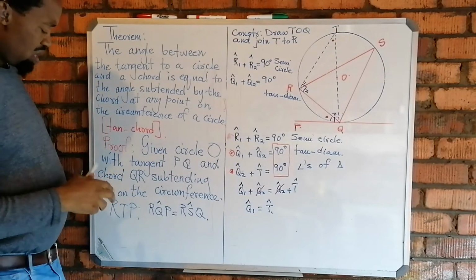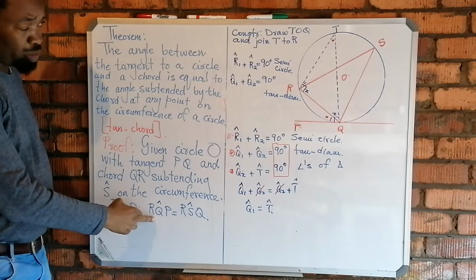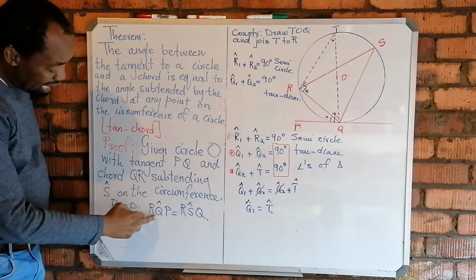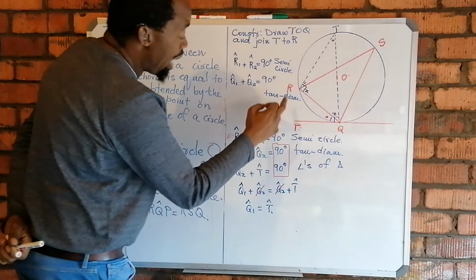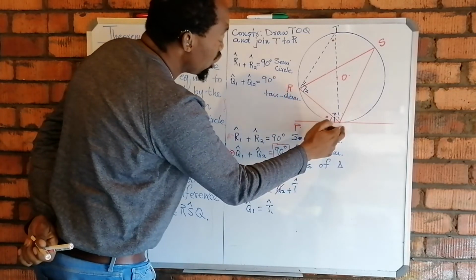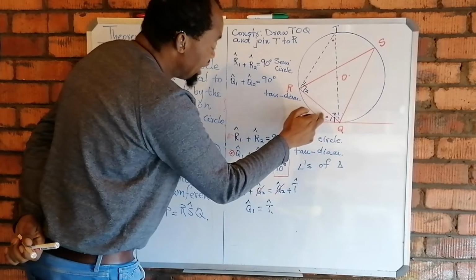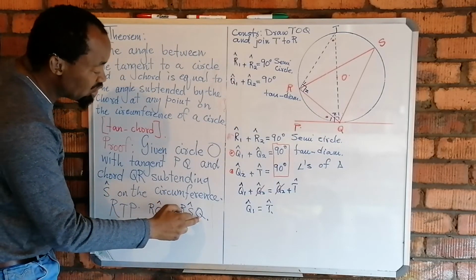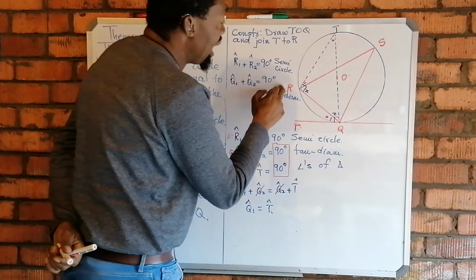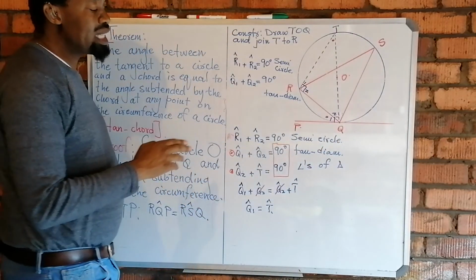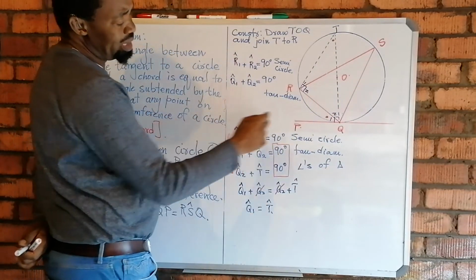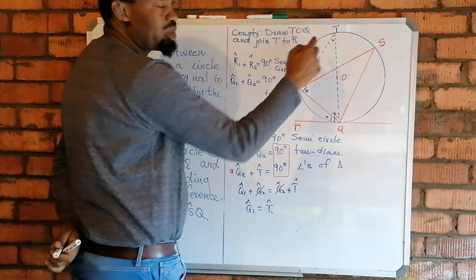But what did they say I should prove? They said I must prove that angle RQP, this angle, is equal to angle RSQ. But instead of proving that this is equal to that, my proof here is giving me that this is equal to that.